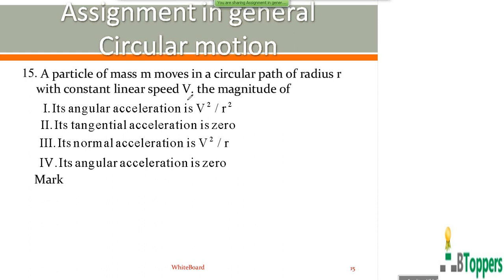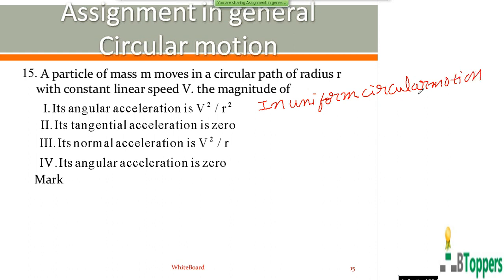It is a theory question. As I discussed in the starting class of general circular motion, if a particle moves in a circular path with constant speed, then the circular motion is said to be uniform.